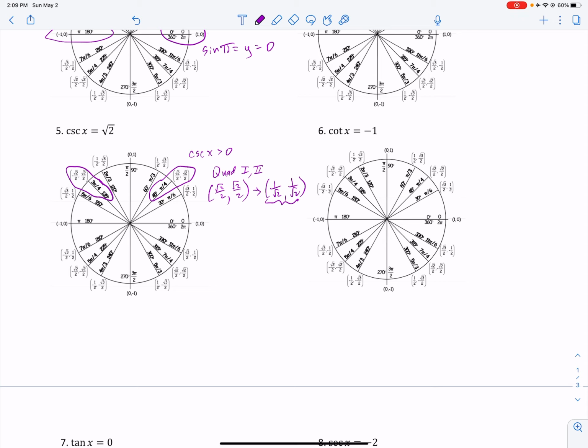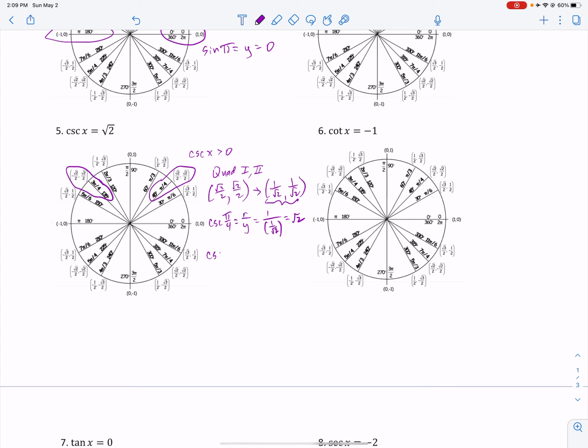And so I have cosecant of pi fourths is going to be r over y, which is 1 over, and if I use the 1 over root 2, it works out really nice because then you just multiply by root 2 over 1 and you get root 2 and you don't have to do a lot of rationalizing.